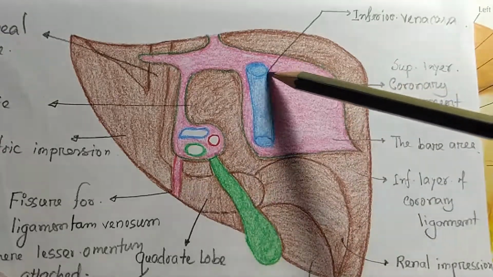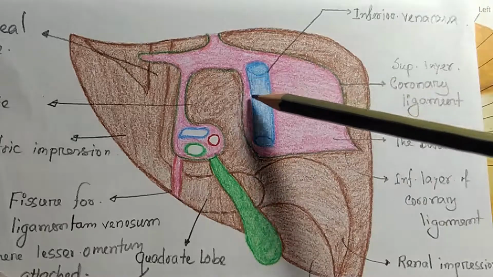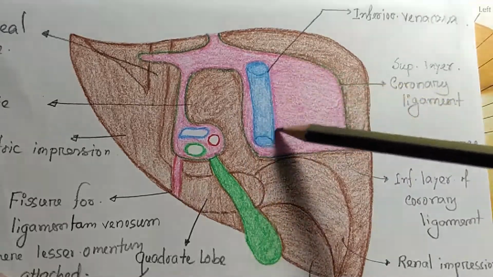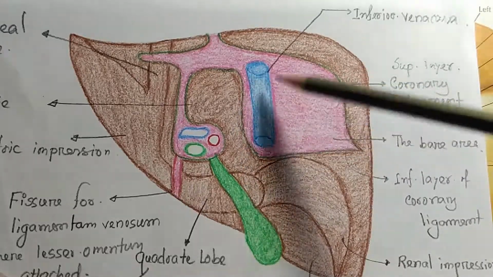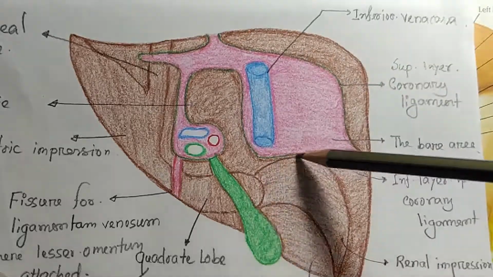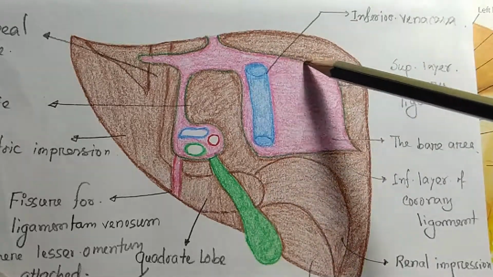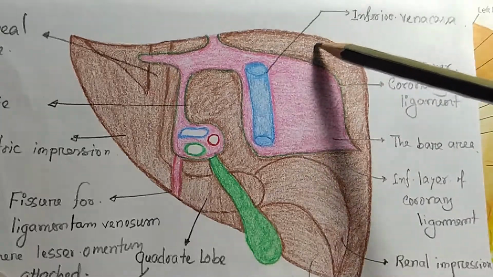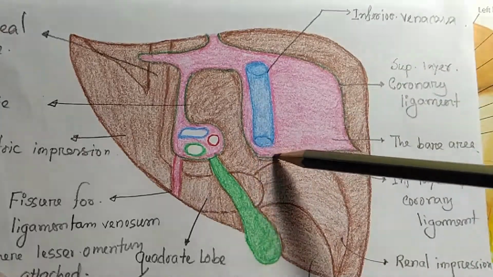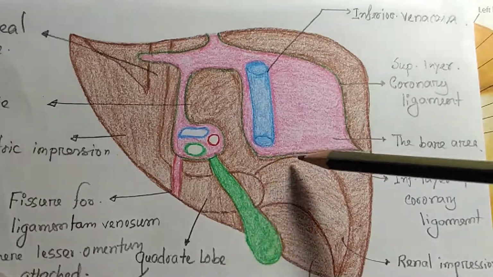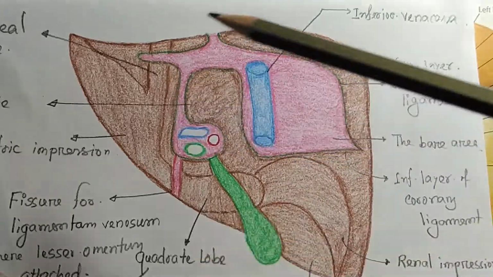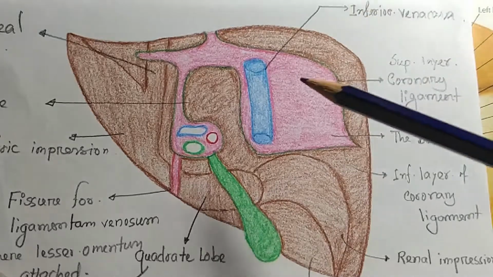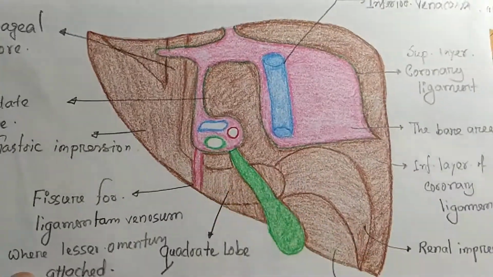The base is formed by the groove of the inferior vena cava. The upper limit is formed by the upper or superior coronary ligament, and the inferior border is formed by the inferior coronary ligament. So this is the boundary of the Bare area. It is sometimes asked in the exam.